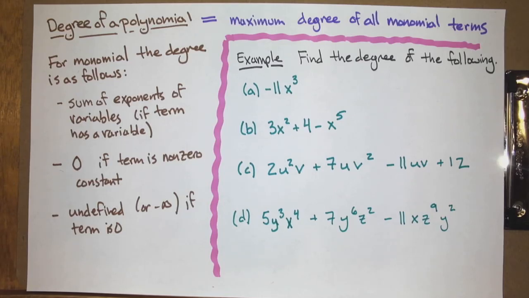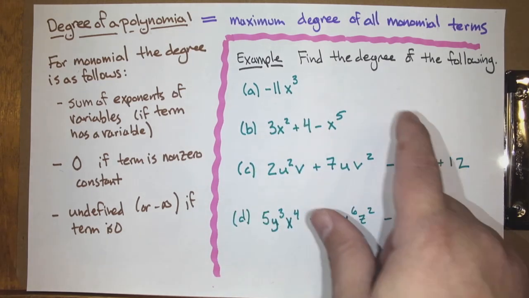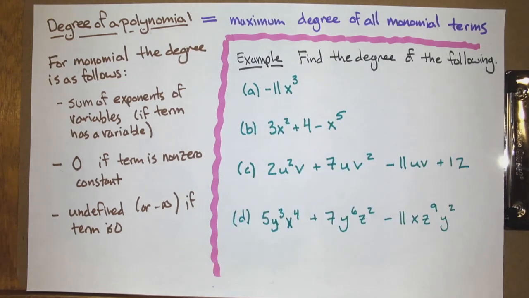So you take the max of all the monomial terms. All right, so here we go. Find the degree of the following. These are all polynomials. They use different symbols. The variable names can be whatever we want them to be. That's the nice thing about math.